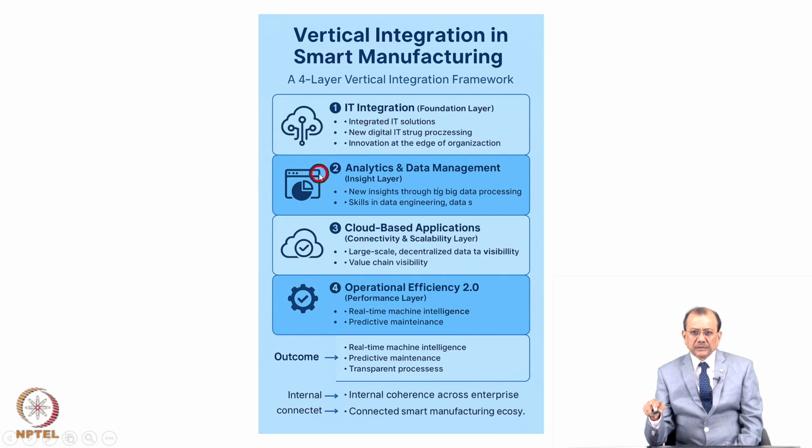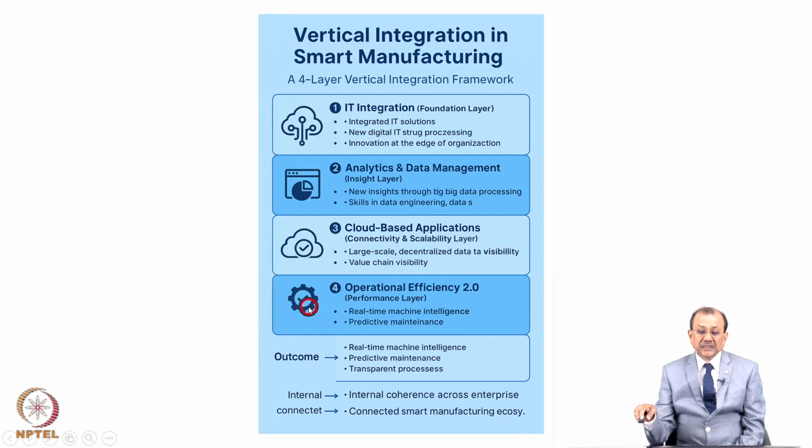Once we have this IT integration across the plant, across all the business value chain, we should develop the analytics. And the fundamental principle for the analytics is that the data management should be perfect, which we also discussed in the 5th week of our course. So this is very important, and once you achieve this, you are in the right situation to achieve operation efficiency.